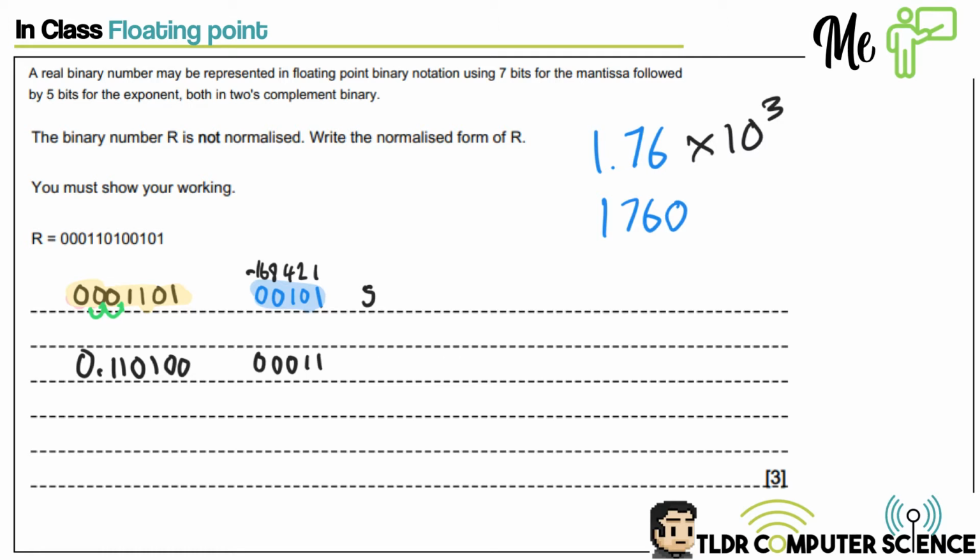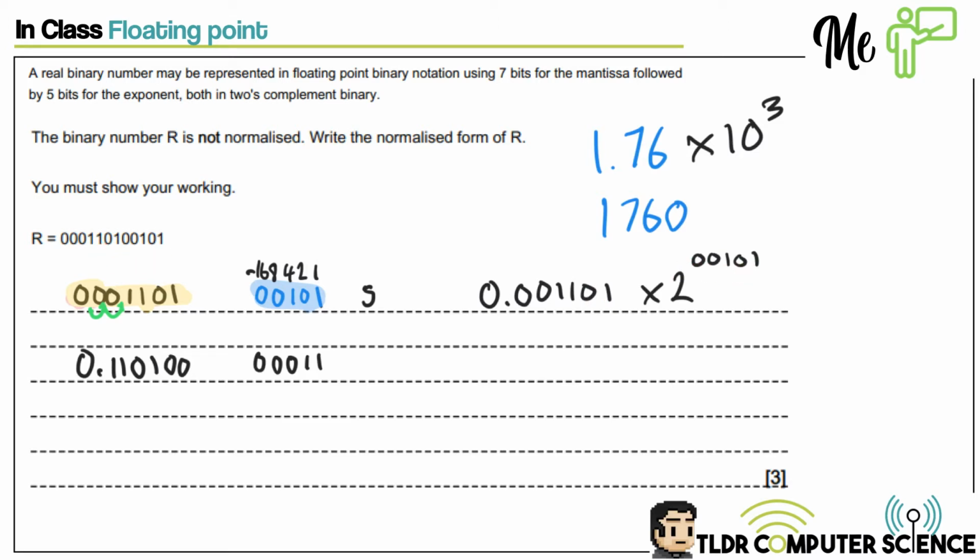So in this case, this original number here, what you could actually write it out as is 0.001101 times 2 to the power 00101. But what happens inside the computer is the point is always registered as being between the first 2 numbers. So therefore you can omit it. And because it's always in binary anyway, you can omit the times 2. So essentially they take that bit, and it's there, and they take the exponent, and it's there.